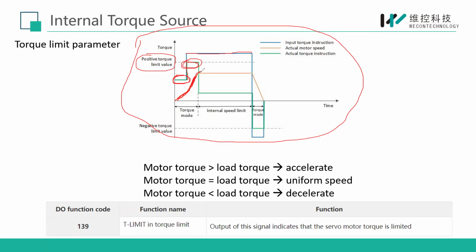And when it achieves these points, the speed will keep uniform, and we can see the torque will become smaller, because usually we don't need a big torque to overcome the friction of our rod, so the torque will be smaller here, and the other direction is similar.